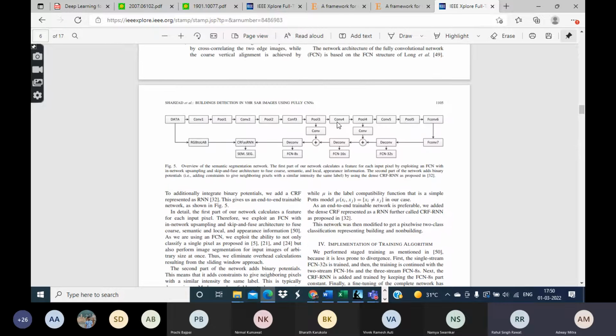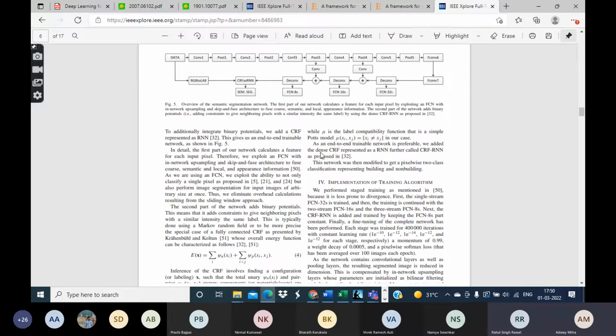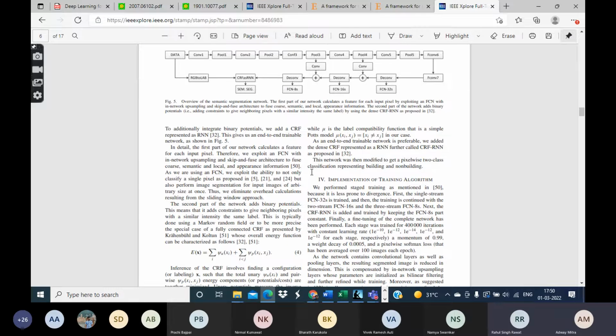So the neural network will make some kind of prediction at every pixel, but then we know this information that adjacent pixels are likely to belong to the same class, that is building or non-building. So that kind of label smoothing between adjacent pixels is achieved with the help of the conditional random field.